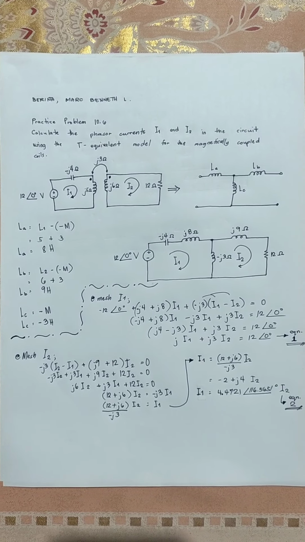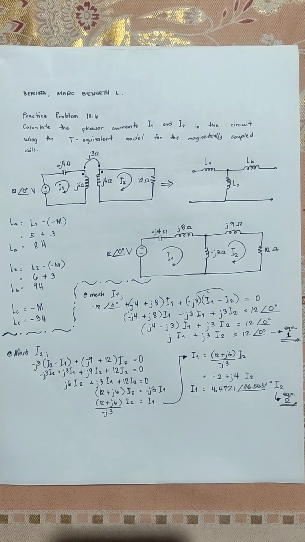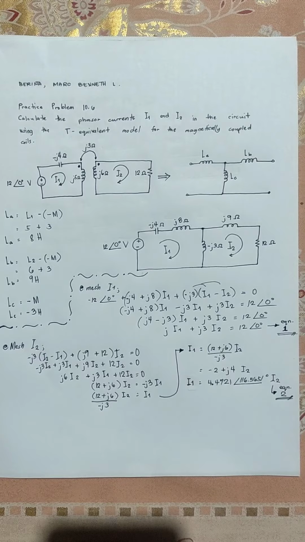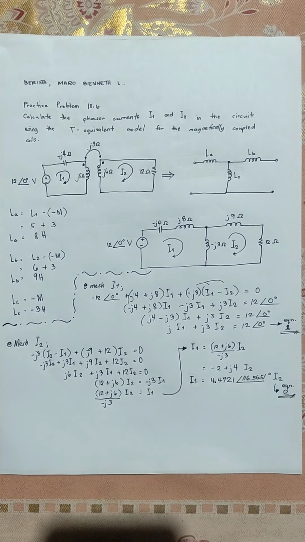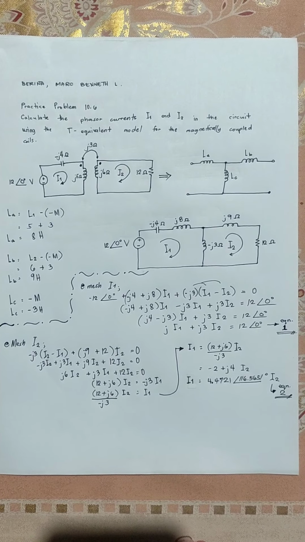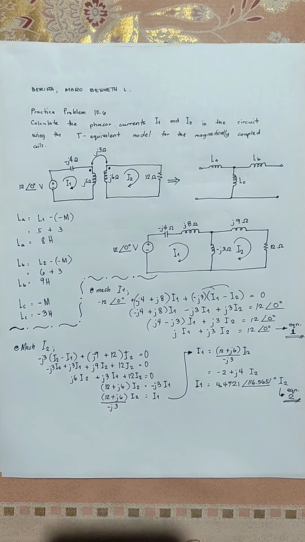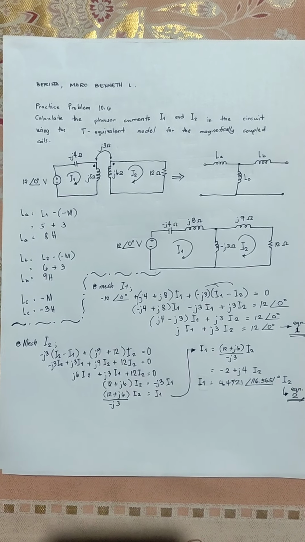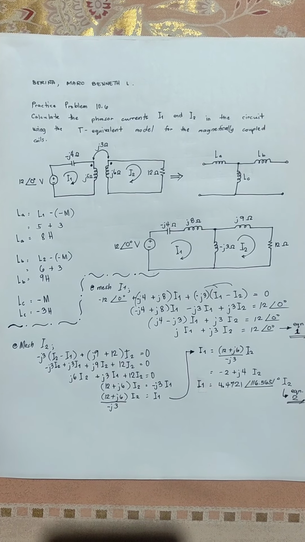We will transpose the positive J3 I1 to the other side of the equal sign and it will become negative J3 I1. Since J6 and 12 are like terms, we can say that quantity 12 plus J6 I2 is equal to negative J3 I1.